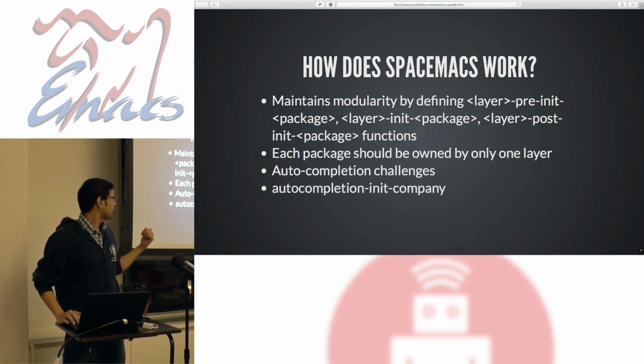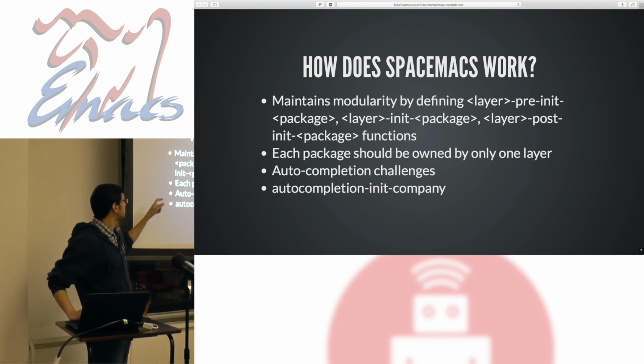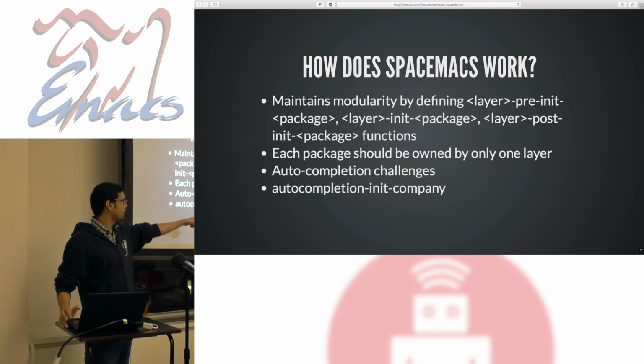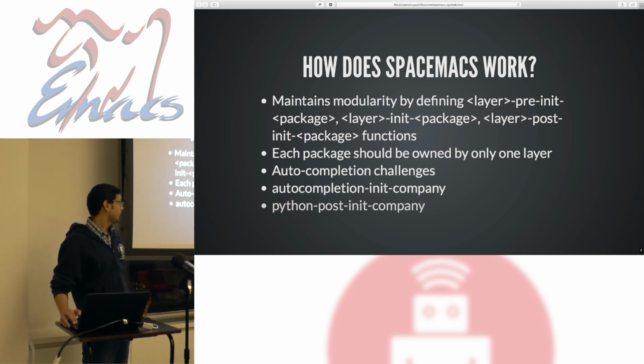They use this layer init package function. So that would be auto-completion, which is the name of the layer, and then init company. All the company initialization goes in this function. And this also tells Spacemacs that company is owned by the auto-completion layer.